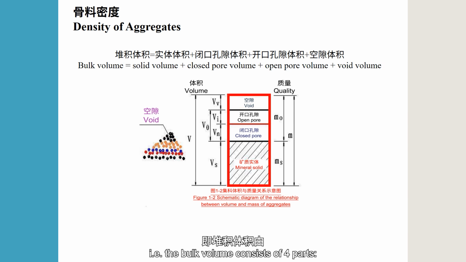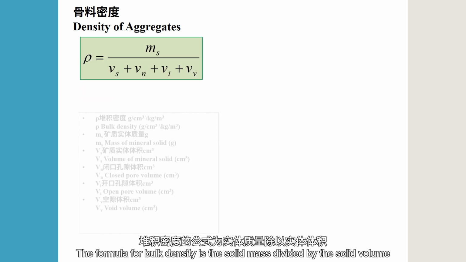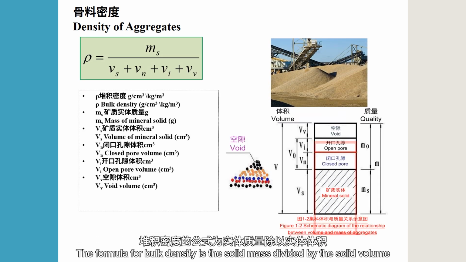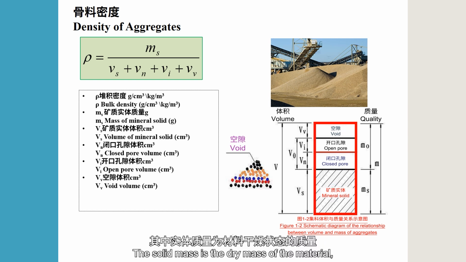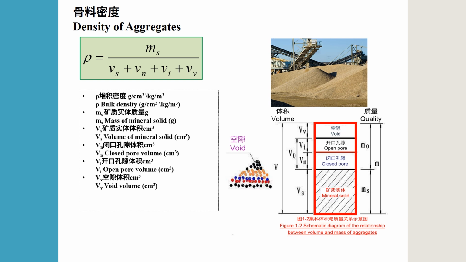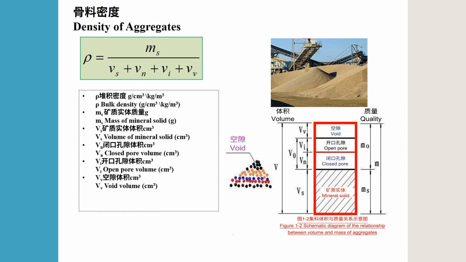That is, the bulk volume consists of four parts: solid volume, plus closed pore volume, plus open pore volume, plus void volume. The formula for bulk density is the solid mass divided by the solid volume plus open pore volume plus closed pore volume plus void volume. The solid mass is the dry mass of the material, and the unit of bulk density is gram per cubic centimeter or kilogram per cubic meter.